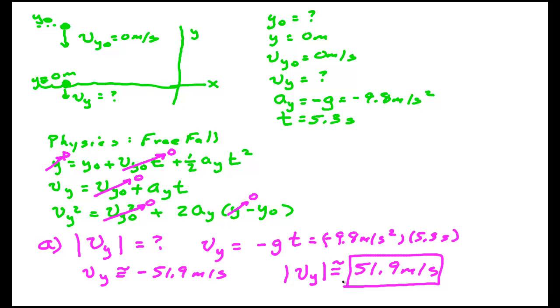Let's look at part B. Part B is asking how tall the bridge is. Well, y naught is in this equation, so that's a possibility. I could also work in this other equation because I now know Vy, and if I put that formula in and work it, it'll work out. I also have it up here: y naught. I know 1/2, I know Ay, I know t squared, so I could solve that equation.